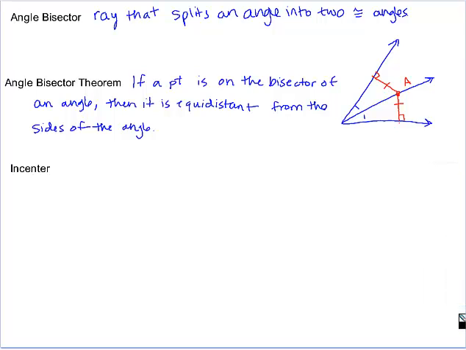When we are dealing with the angle bisector theorem, we can also discuss its converse. So what that means is essentially the statement that we have, but in reverse.